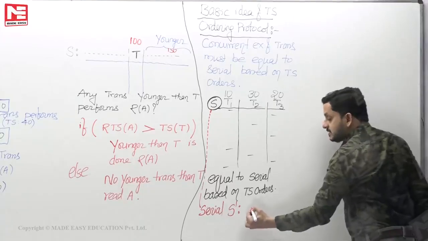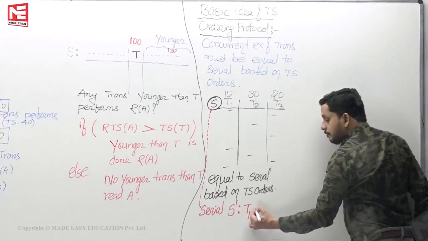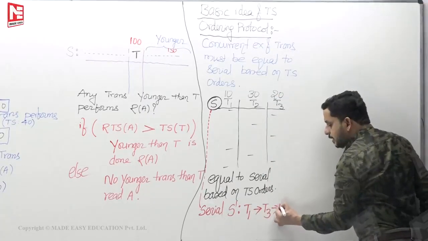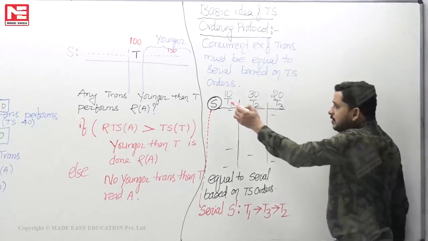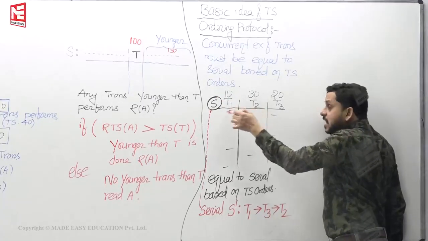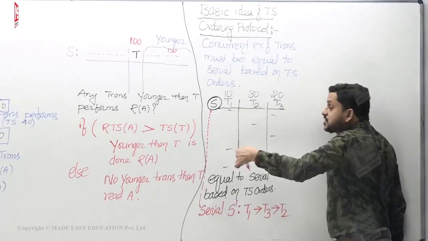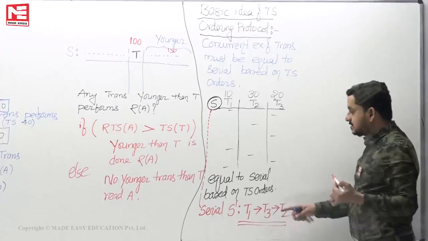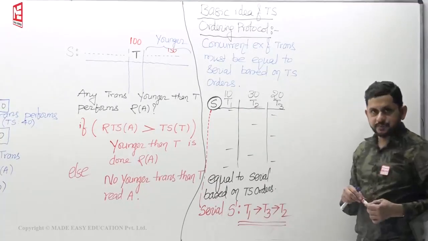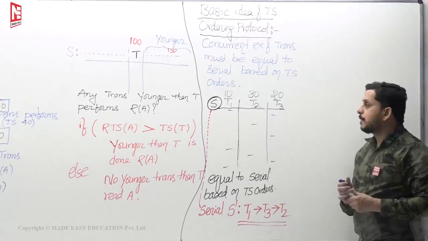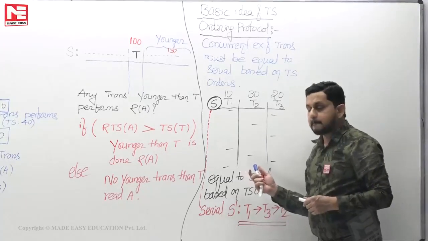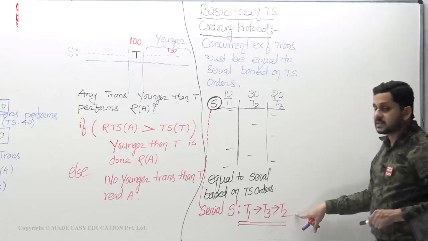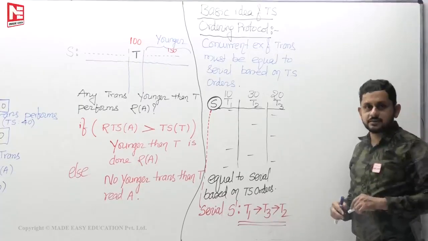Based on timestamp orders. That means T1 timestamp followed by T3 timestamp, which is 20, followed by T2 timestamp. If this concurrent execution of the three transactions is equivalent to this serial based on timestamp orders, then the schedule is allowed to execute by the timestamp ordering protocol. By chance, if this concurrent execution is not equal to serial based on timestamp orders, then it is not allowed to execute.